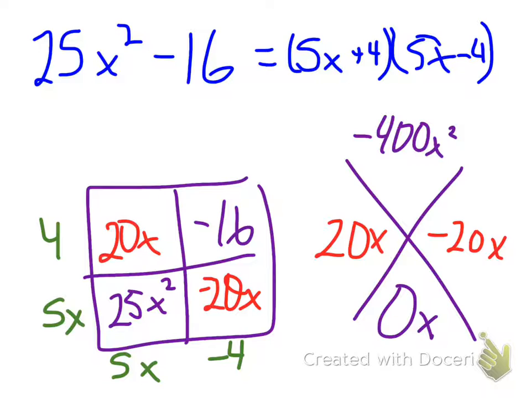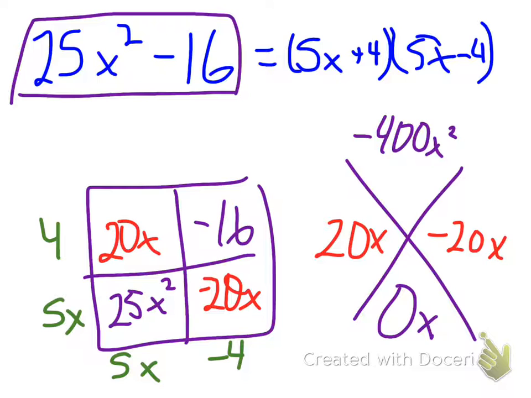Now, when I first started this one, I said that looking at it, we could factor it the traditional way. The reason why I did state that is because when we look at this problem, one of our shortcuts was that if there's only two terms, the first term, your x squared term, and your constant term, and both of them are perfect squares, so 25x squared is a 5x times 5x, 16 is a 4 times a 4, and we also have a negative, that is a difference of squares.